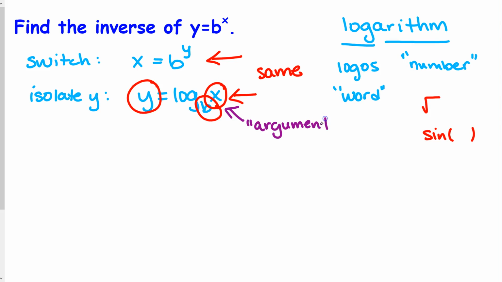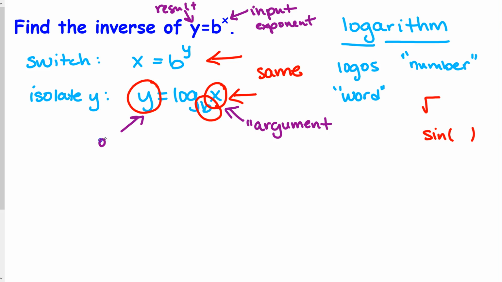So what have we done? In the exponential situation, we would input the exponent. We would output the result, let's say, what you get after you raise the base to the exponent. Well, in the inverse, our output is actually the exponent. So here the input was the exponent.